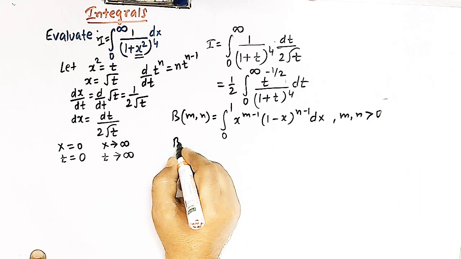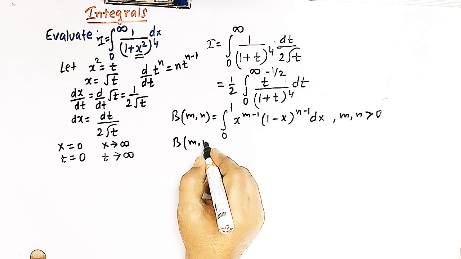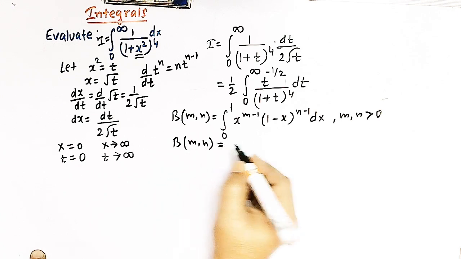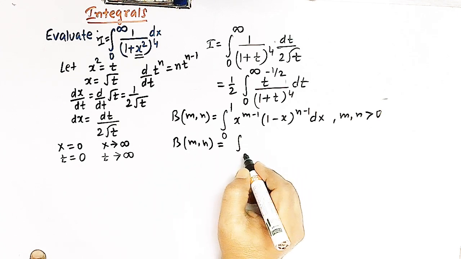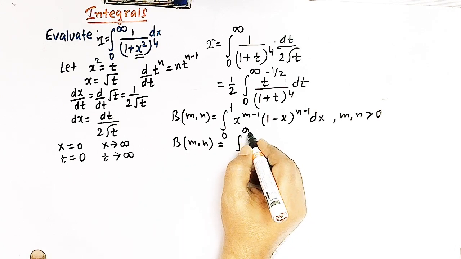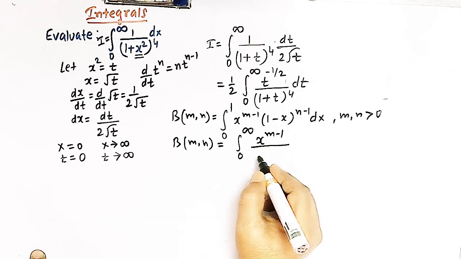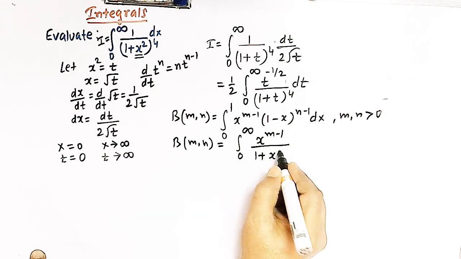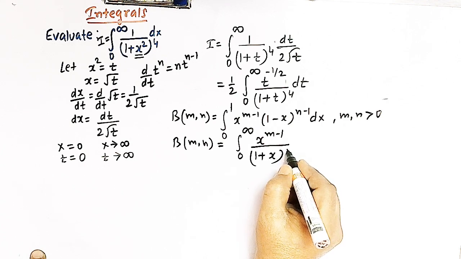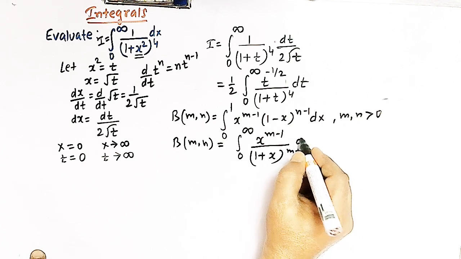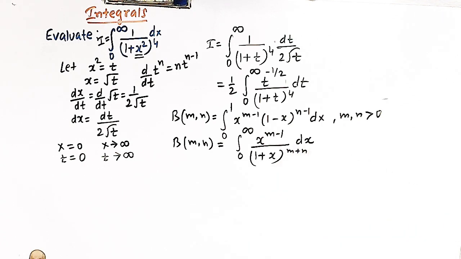Beta function is also defined as beta of m comma n is given by this integral, that is 0 to infinity, x raised to m minus 1 over (1 plus x) raised to m plus n, dx, right?